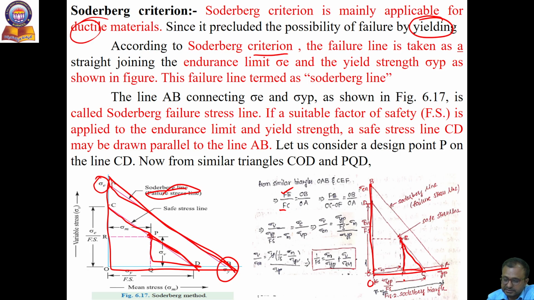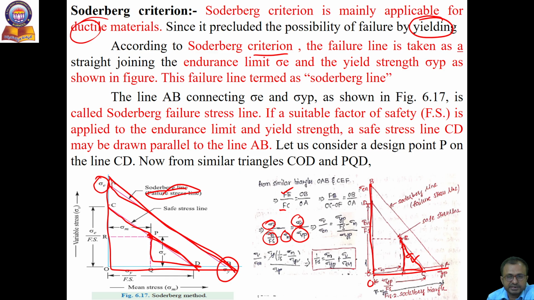In this case, FE is nothing but sigma V, and this is sigma Y by factor of safety minus sigma M, over sigma YP.